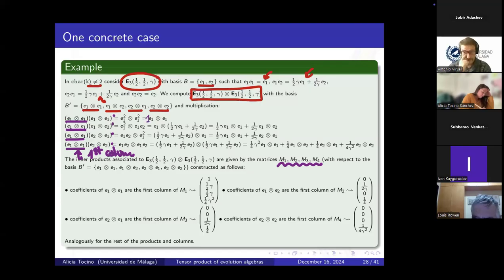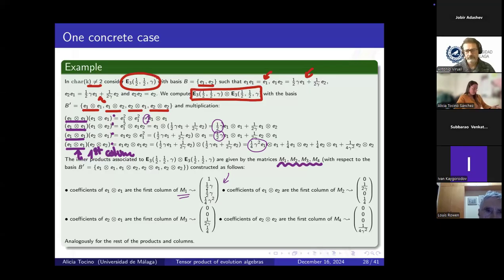So we have here 1, in the next gamma over 2, in the next gamma over 2, and also gamma squared over 4. So this gives the first column of the matrix M1.